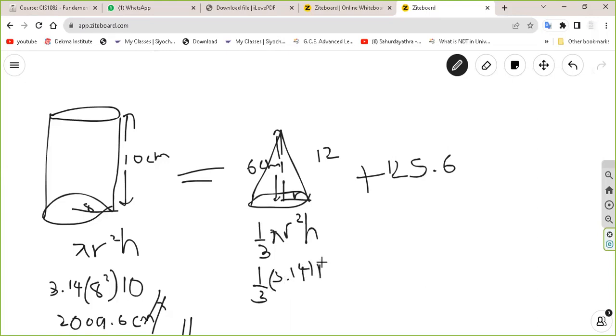We don't have an idea about r squared, h is 6. Then simplify and tell the answer in terms of r squared.